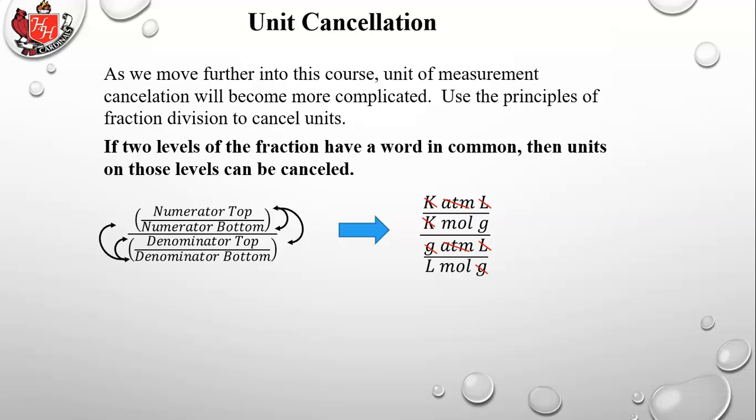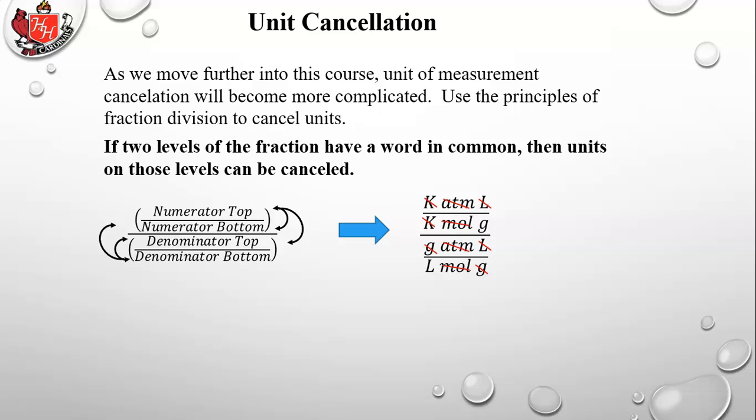How about grams down there at the bottom? You have grams in denominator top and grams in denominator bottom. They both have the word denominator in common, so they can cancel. Moles and moles. You have moles in numerator bottom and moles in denominator bottom. They both have the word bottom in common, so they can cancel.